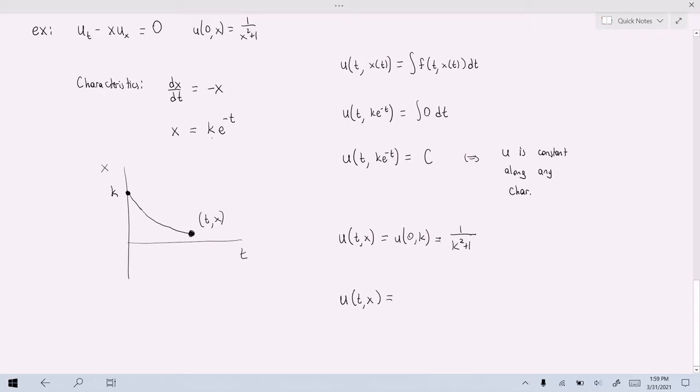So if x is equal to k e to the negative t, that means that k would be equal to x e to the t. So hence, our solution will be replacing k with x e to the t, so (x e to the t) squared, plus 1. This would be the solution to our initial value problem.